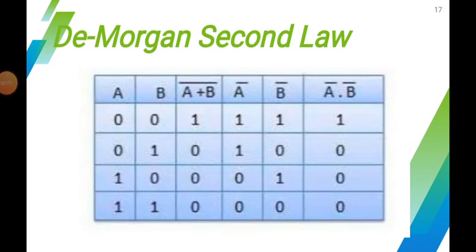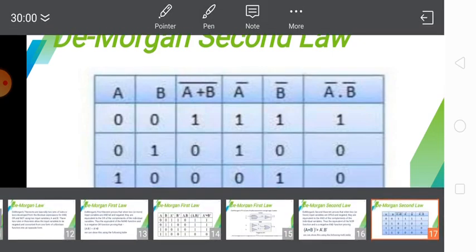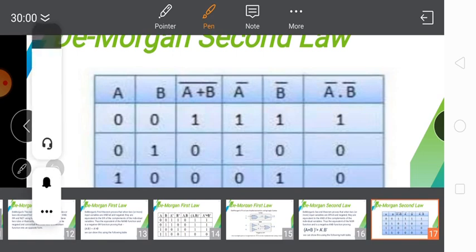The second law can also be proved with the help of this truth table. In this truth table you can see there are 4 possible combinations of the variables A and B. After that, A plus B is calculated and then negated, and in this column A negate and B negate are calculated, and after the calculation the final result is A negate dot B negate.